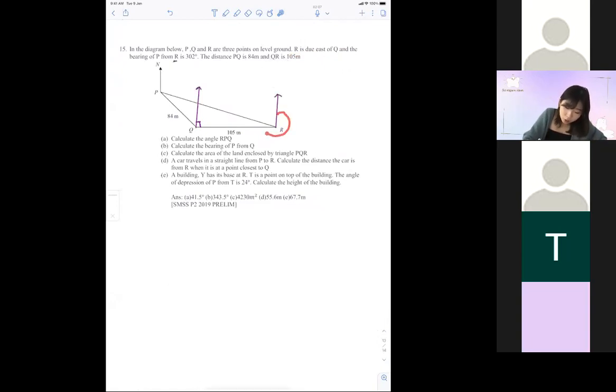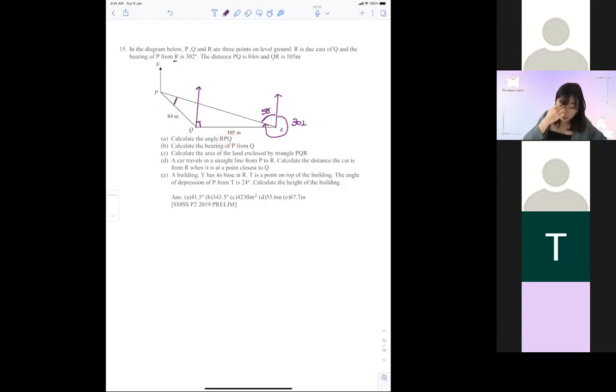P from R, so all the way to the line PR is 302. Well, it doesn't look like 302, but it's okay. So this is 302. All right, then you can find this angle. This angle here is 58, right? Angle at the point. So they give you these two lengths. Now you can find RPQ. RPQ is here. Okay, I'll find this one.